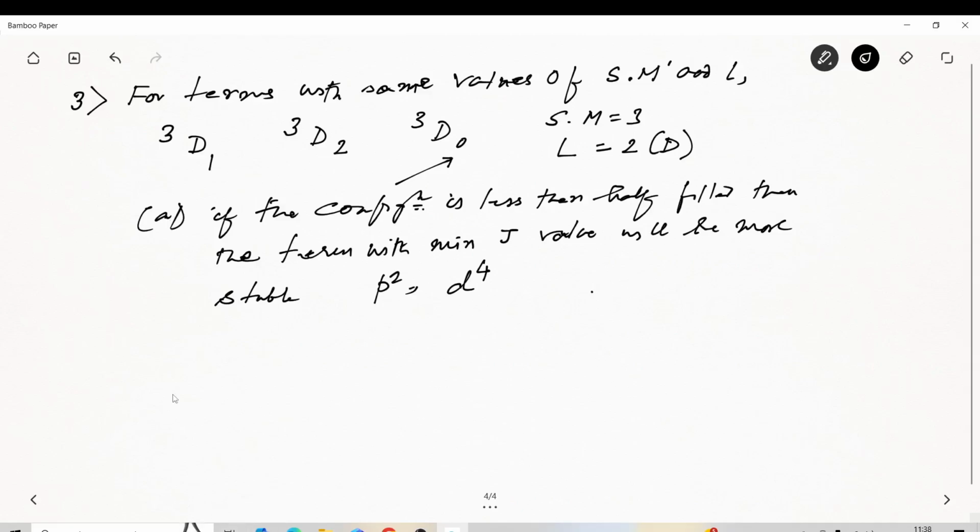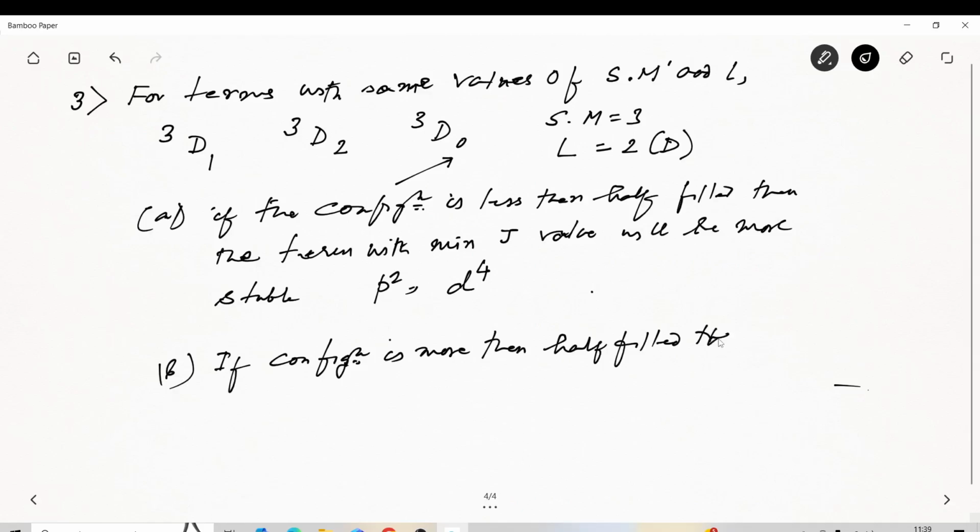But if the configuration is more than half filled, then the term with maximum J value will be more stable.